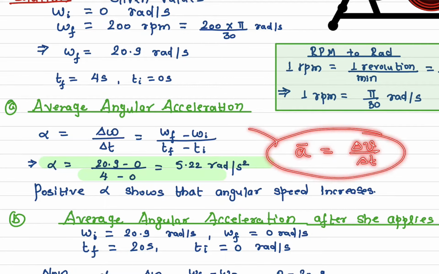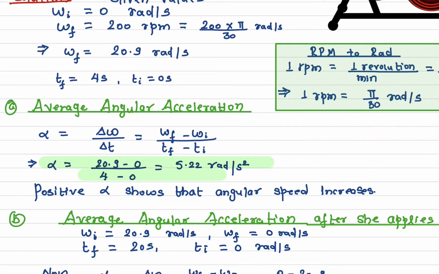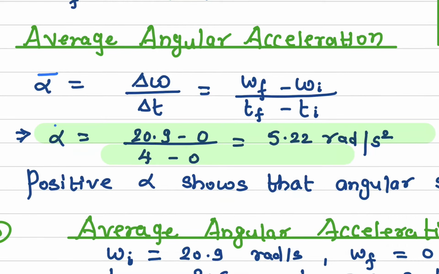This is exactly what it is here. You just need to translate linear motion to rotational motion. That's it. One thing, I'll make a slight change. As it says average, I'll put a bar here. That means this is the average. This line always means the average.